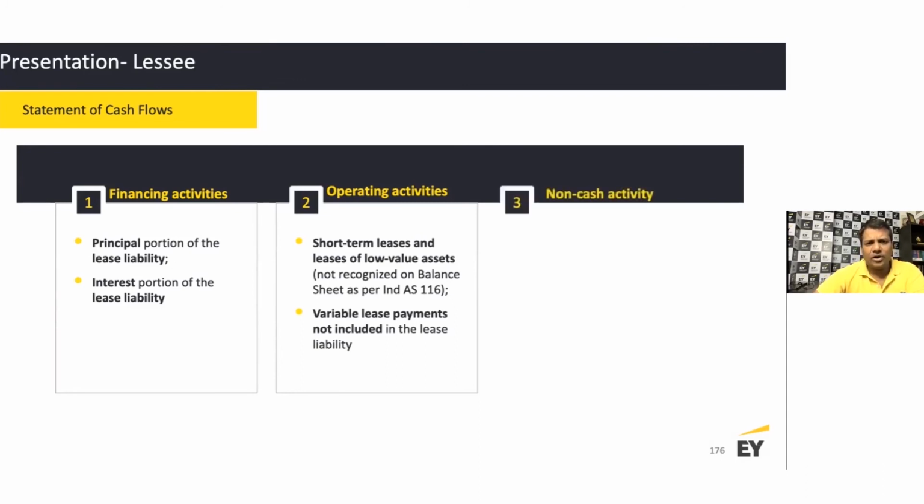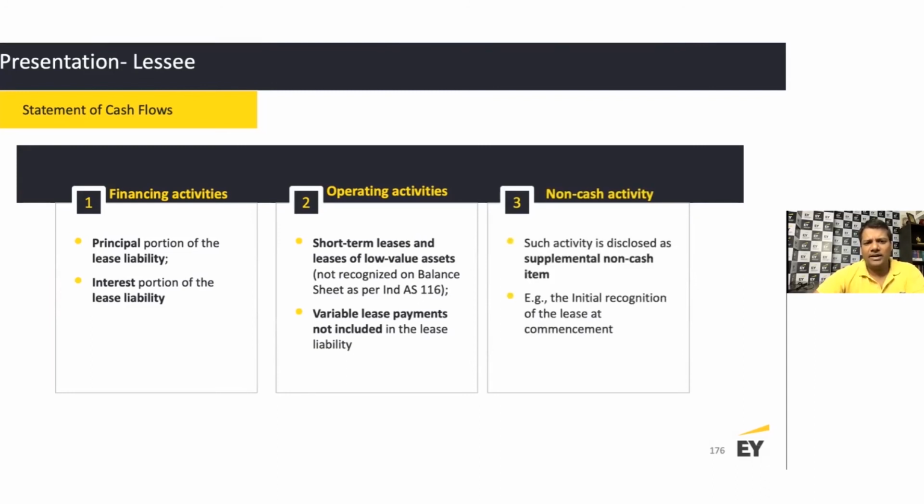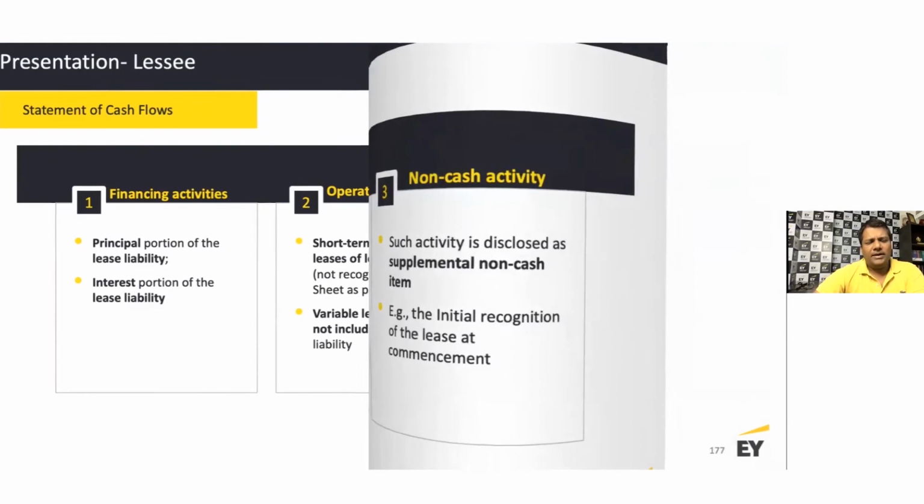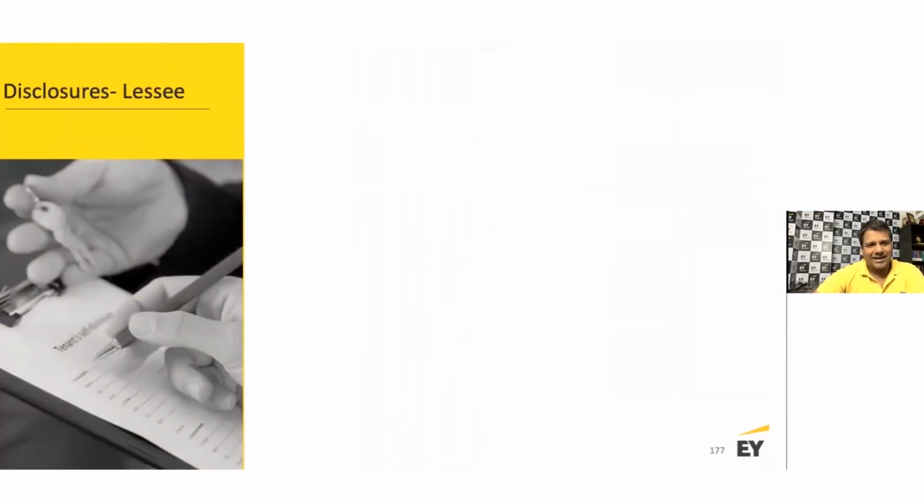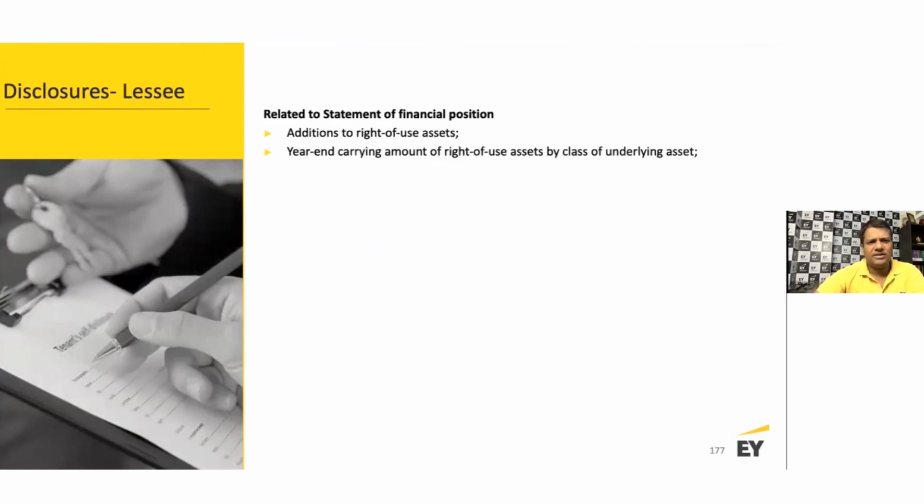Then from a non-cash activity, you also need to make a disclosure that this much is the asset or liability you have entered into at the commencement, right? Right of use asset and liability. All right. So tons of disclosures, right? Disclose, and disclose. So related to financial position, whatever additions, the carrying amount, the lease liability, the maturity analysis, right?